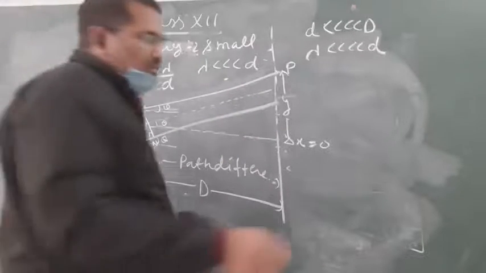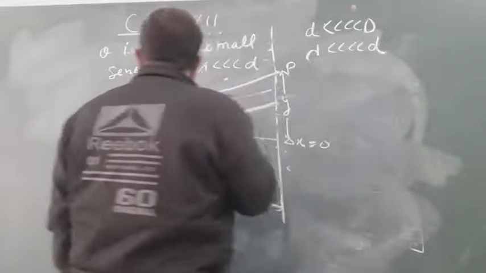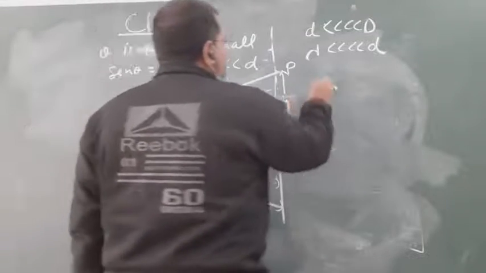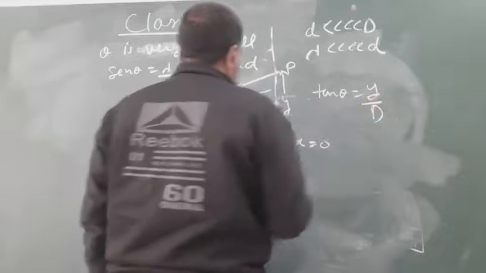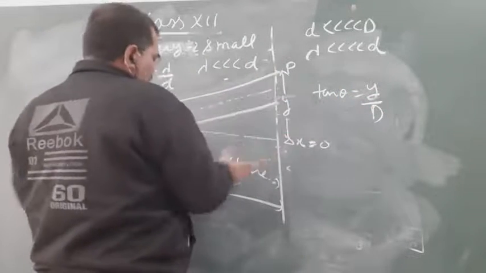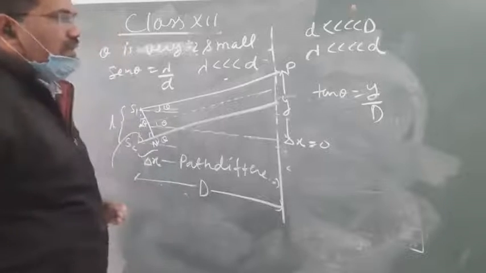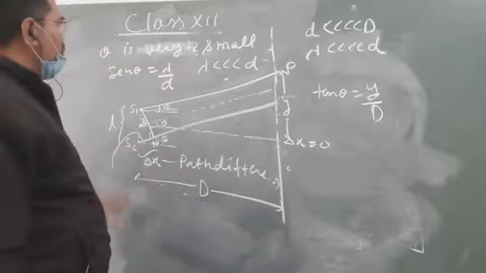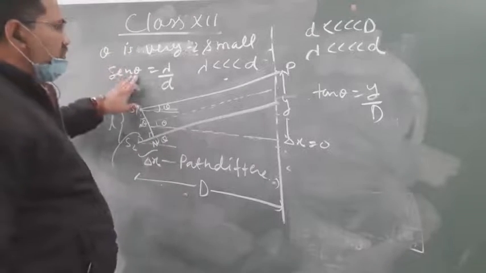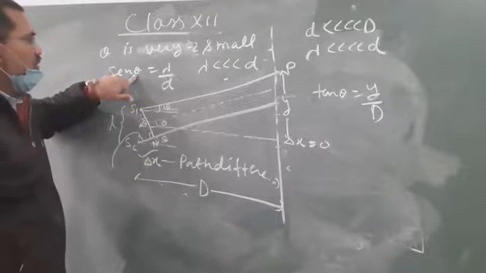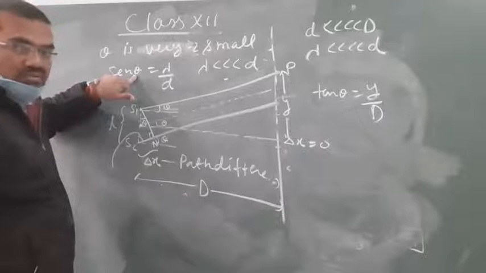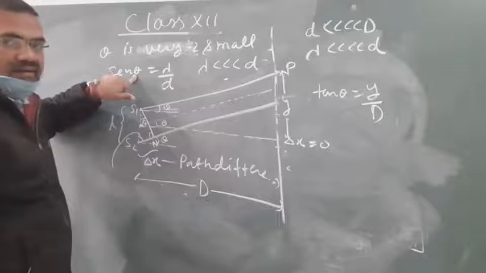So if we put here tan theta equal to y by D. If theta is very small, you can write here theta equal to sin theta equal to tan theta.